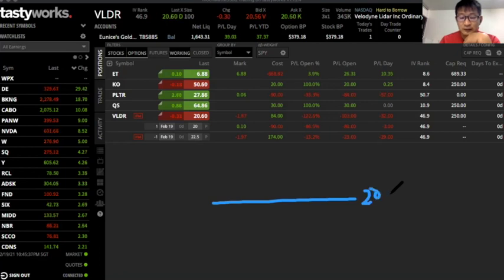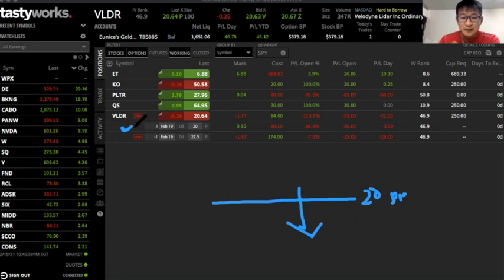So this is the buying put. Basically we want the stock going down. If today this stock goes beyond 20, this leg will be making money.